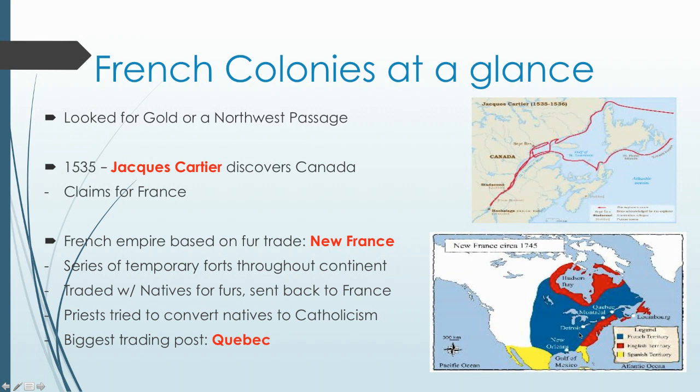It's huge. They acquire a lot of land, but this is very, very sparsely populated. There's not a lot of people here because they're really just building temporary forts and then moving on. And this is going to drive them further and further throughout the continent. Of course, priests are going to arrive. They're going to try to convert natives to Catholicism. But by and large, our French have our best relations with the Native Americans.